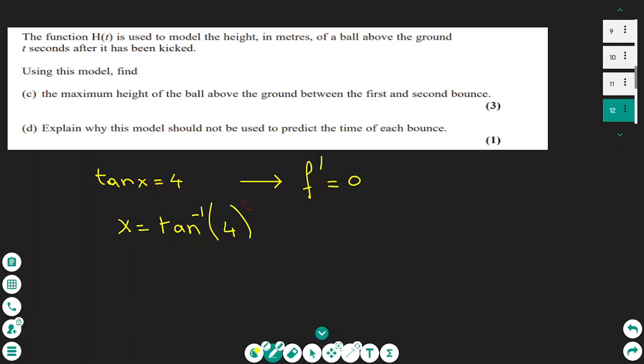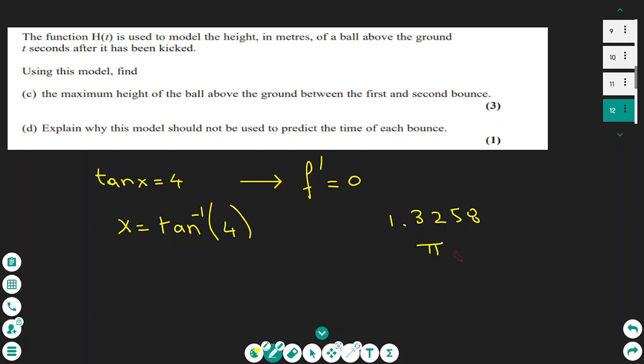Solving this, we use the inverse of tan, in radians. Inverse tan 4 gives the first value, 1.3258, because the tan function is periodic and repeats every 180 degrees or pi radians.